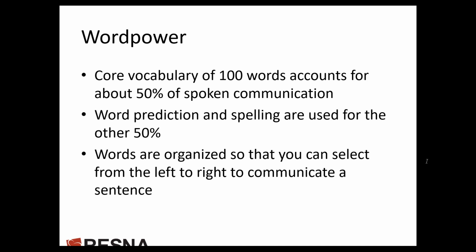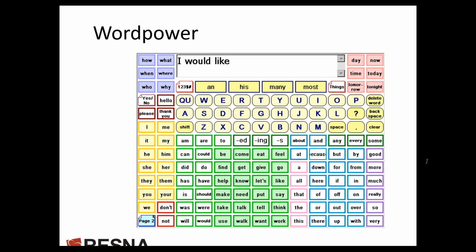So keep in mind that words are organized so that you can select from left to right to communicate a sentence, and the row of words under the message window are generated with word prediction. So if you look at this again, you're going to see that we have the top core vocabulary, then we have our spelling with our word prediction.